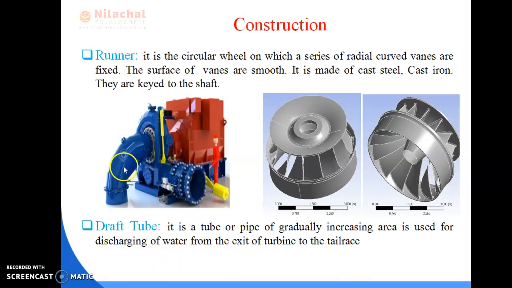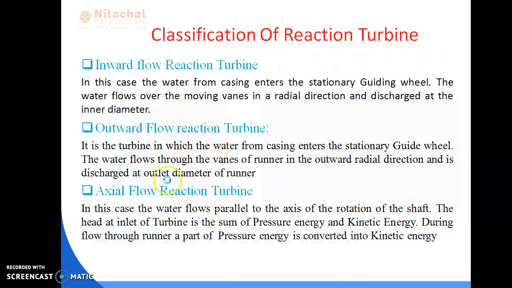This is the outlet, this is the inlet. So water enters through the casing and leaves in a direction at the face of the turbine. This is known as an inward flow reaction turbine.